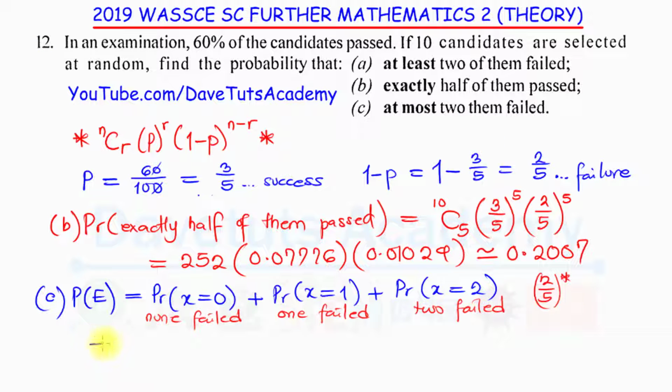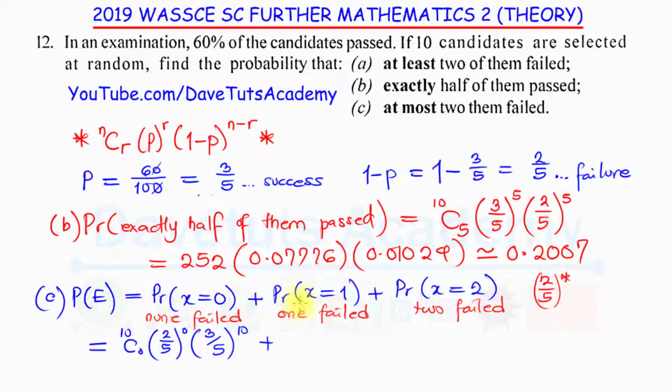So if you want to find this, in the first case, it is 10 combination 0, then none failed will be 2/5 to the power of none, multiplied by, if none failed, then all of them passed, so that will be 3/5 raised to power 10.